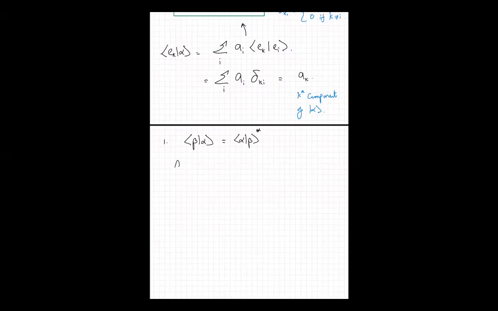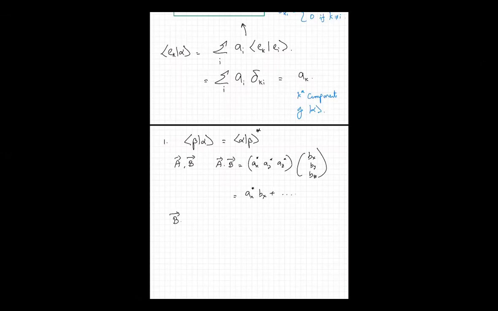Suppose I have two vectors A and B. I told you that in general they have complex coefficients. So A dot B is nothing but AX star, AY star, AZ star times BX, BY, BZ. So this will be equal to AX star BX plus AY star BY plus AZ star BZ.